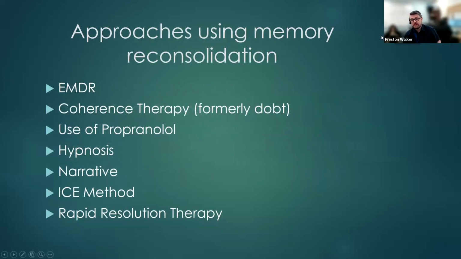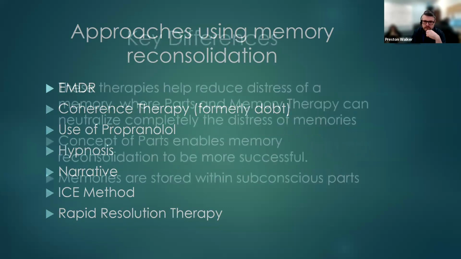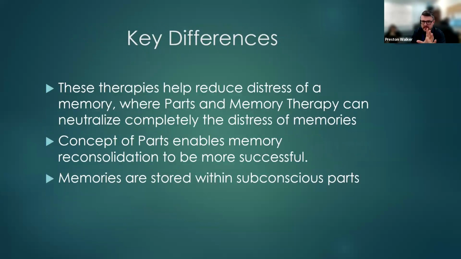All right, so approaches that are using memory reconsolidation: EMDR, coherence therapy, hypnosis, rapid resolution therapy, narrative, there's others. So the difference is these therapies help reduce the stress of a memory, where parts of memory therapy can neutralize it completely.